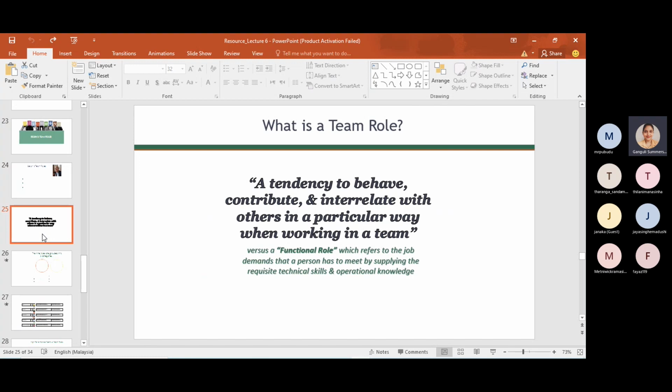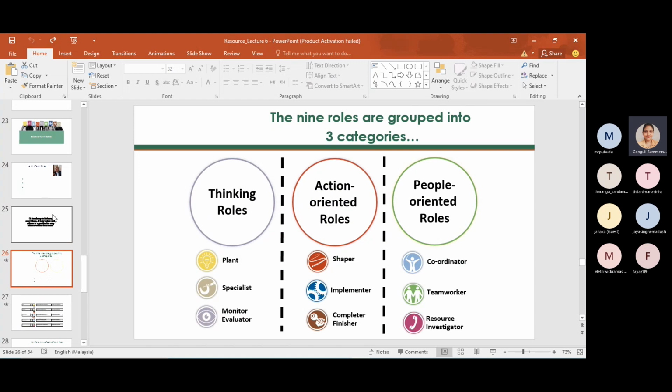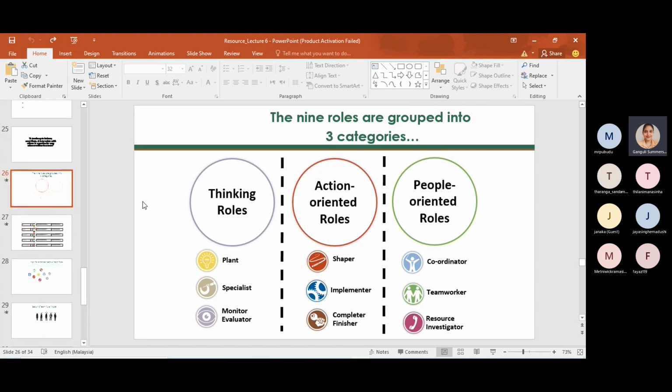A team role is basically a behavioral pattern, a tendency to behave, contribute, and interrelate with others in a particular way when working in a team. According to Belbin, there are 9 team roles.